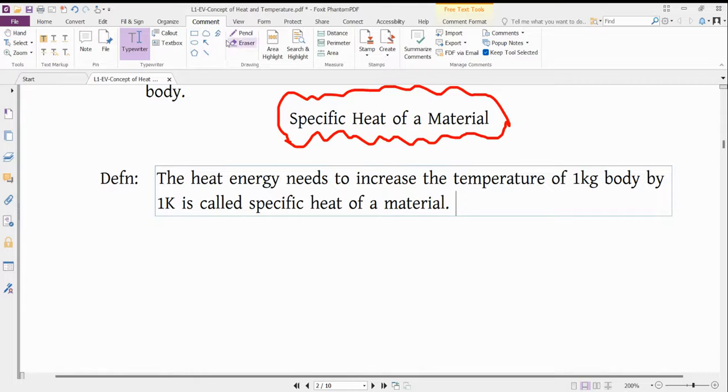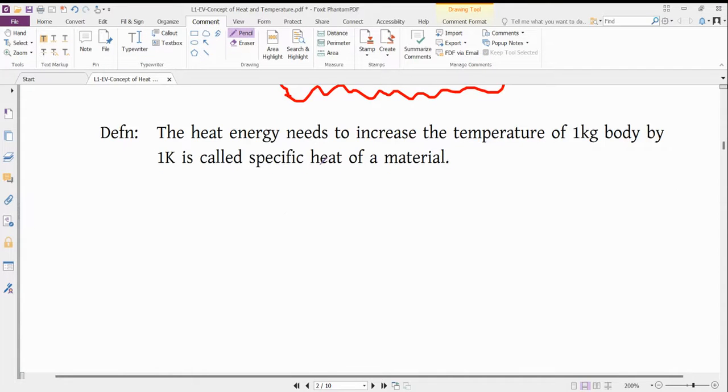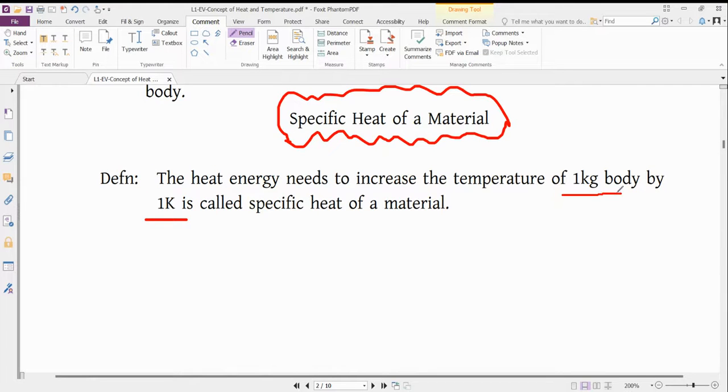That means the heat energy required to increase the temperature by 1 Kelvin of a body of mass 1 kg.